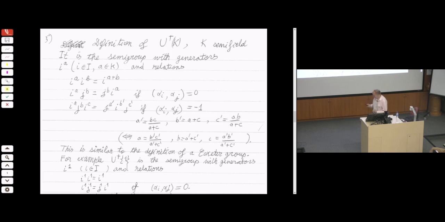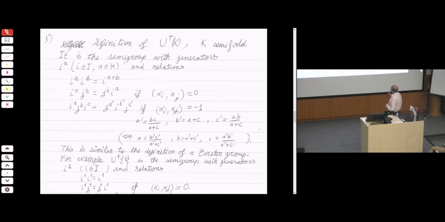And then the product i^a i^b is i^(a+b). Then i^a j^b equals j^b i^a if i and j are not connected in the graph. And there's a more interesting relation if you have i and j which are connected, then you have a formula like this. It looks like a braid group relation.